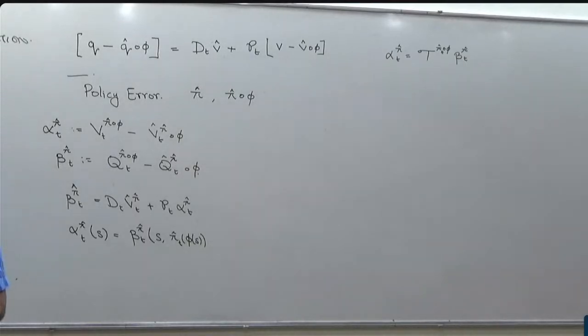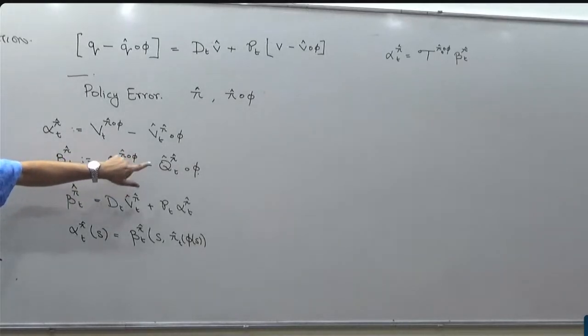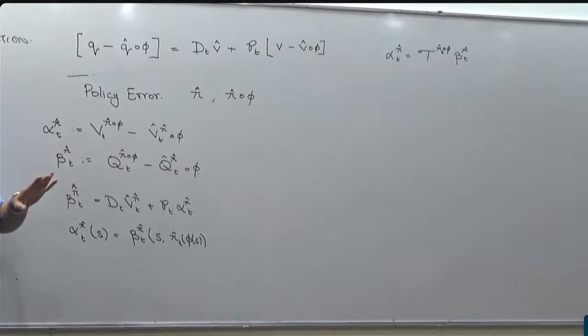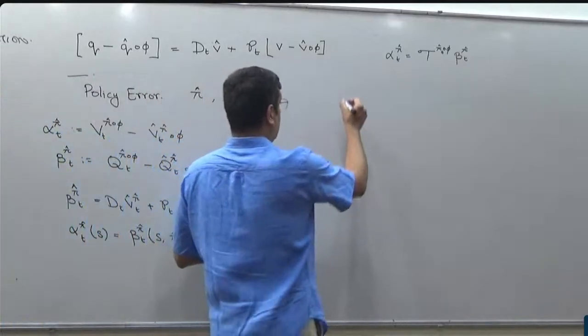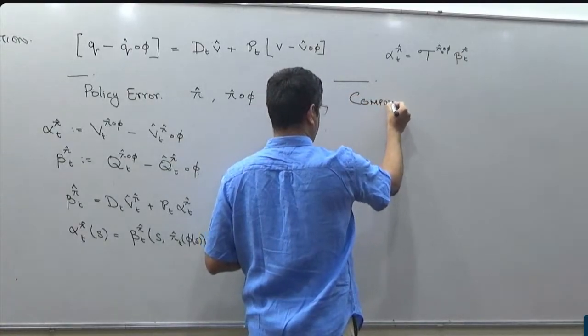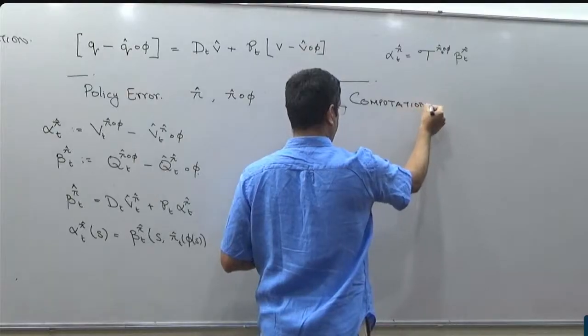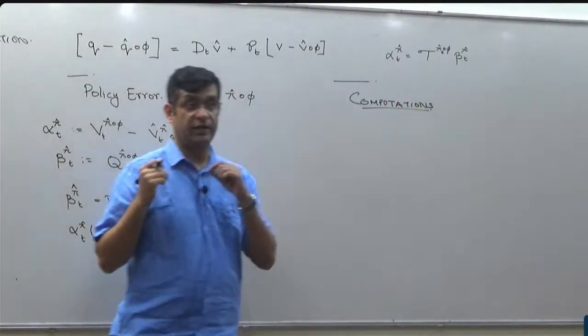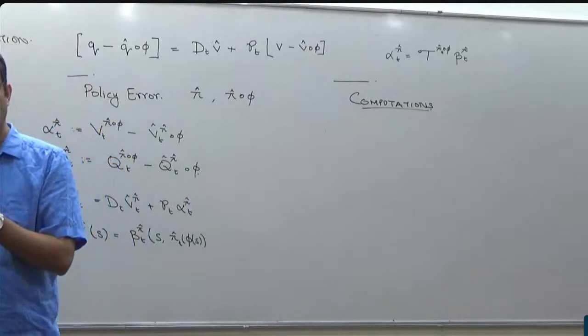I want to focus a bit on how we will get computable bounds in these settings. Okay. So, I do not want to go ahead and write all the expressions for value error and policy error. They are going to be similar structurally. I just have to add these compositions at appropriate places. Okay. What I want to do is focus on computations. And as we did in the first half of this lecture, there are two sources where things are difficult.